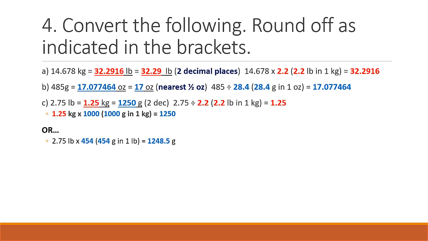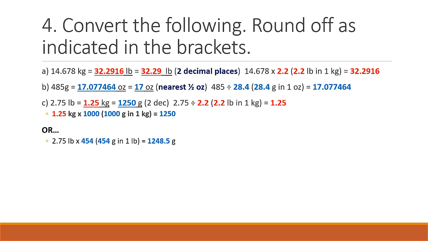Or we could have started with our original 2.75 pounds and multiplied that by the amount of grams in a pound, which is 454. And you notice when you do that, you get a slightly different answer: 1,248.5. Now they want us to round that off to 2 decimal places, so that would pretty much be what it is. But again, a slightly different answer.